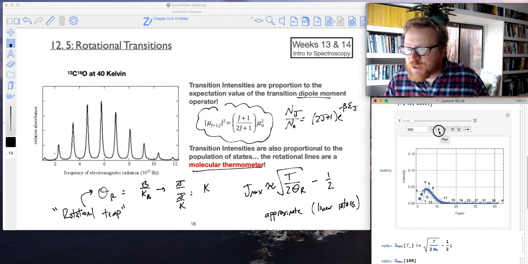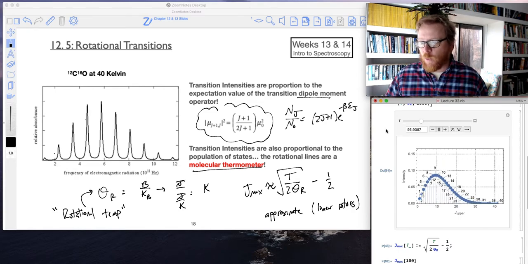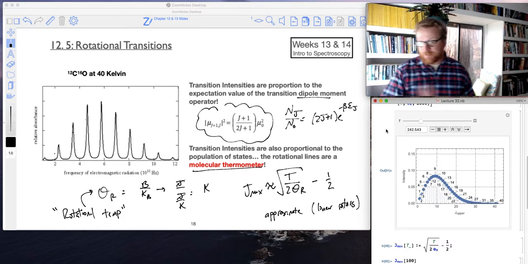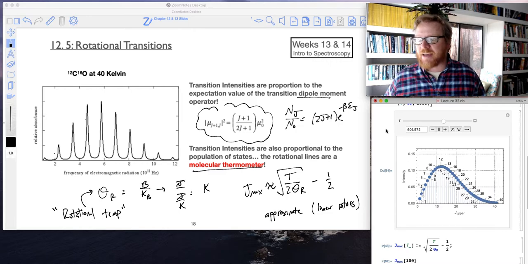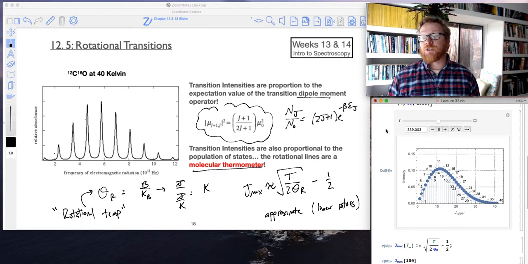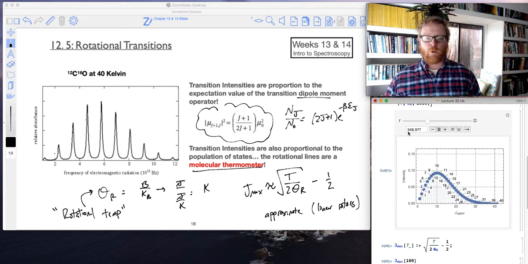And now if I push play and let it run through the different temperatures, you can see what happens as the temperature goes way up here. Lots and lots of J levels become populated as we get to a really high temperature. Okay, so this is what allows a rotational spectrum to be a molecular thermometer, which is really cool.